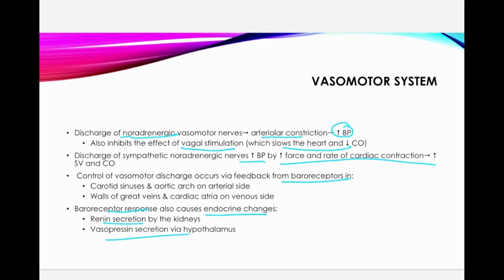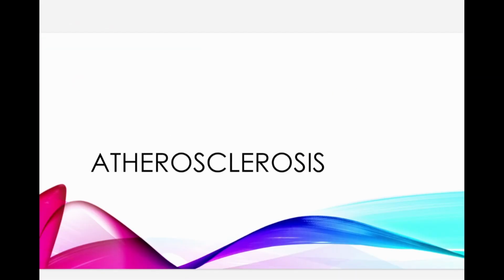Okay, atherosclerosis. We talked about this a little bit whenever it relates to coronary artery disease. But here we're going to talk about atherosclerosis as it relates to just vessels in the body. If you have atherosclerosis in your cerebral vessels, what are you going to get? Stroke. Okay, they're all the same.